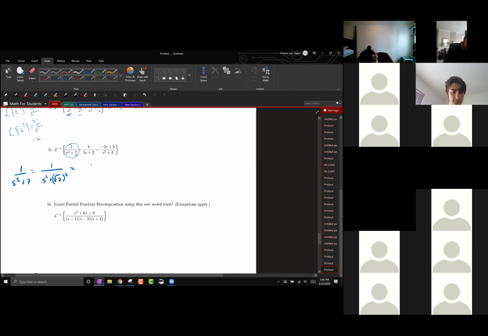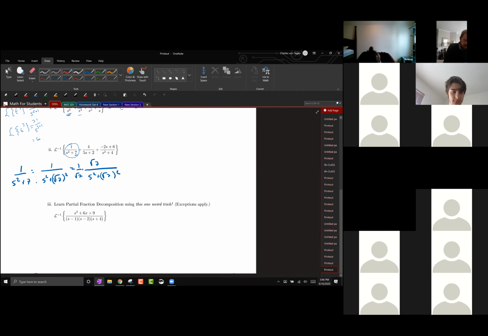For this to be meaningful, I need a square root of 7 upstairs. That's something I could take the inverse transform of, but I didn't have that square root of 7 in the denominator, so I pay for it by putting it in the denominator. Do you see that if you canceled those radical 7s, you'd be back to the other side of the equal sign? I'm good on that part.